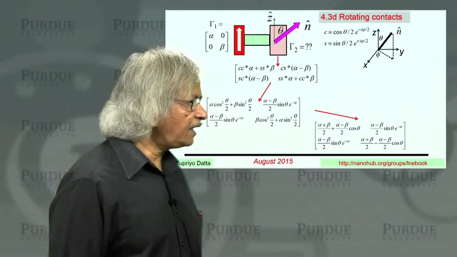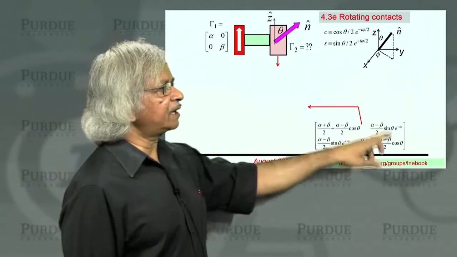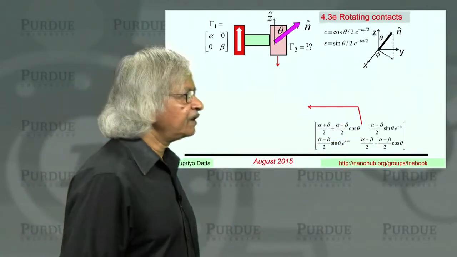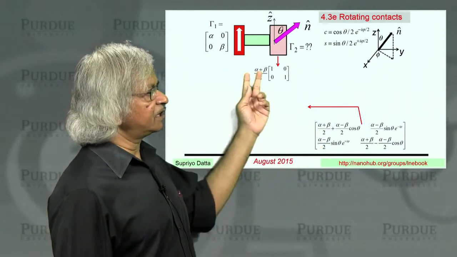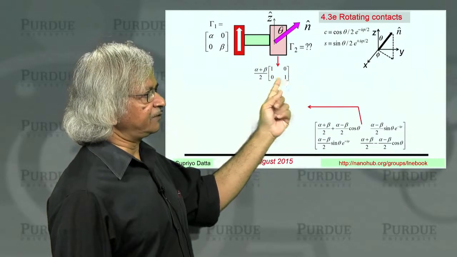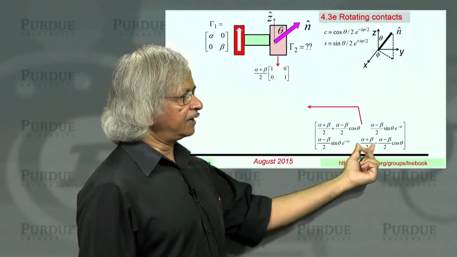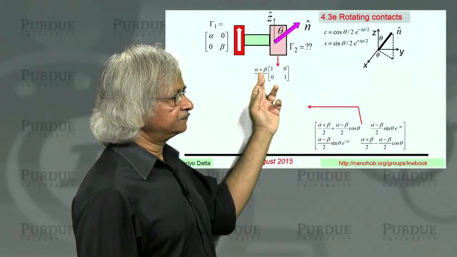Okay. Next, what I'll do is, we'll take this and break it up into 4 separate matrices. So what you can do is, first of those is alpha plus beta over 2 times the identity matrix. Because you'll notice there's an alpha plus beta over 2 here and an alpha plus beta over 2 there. So we have taken care of that.